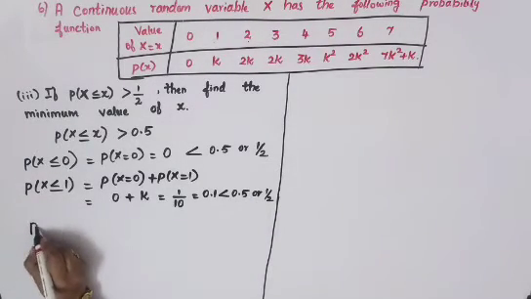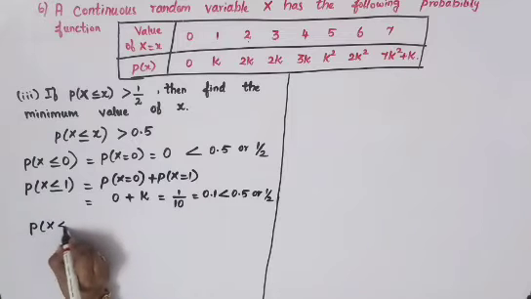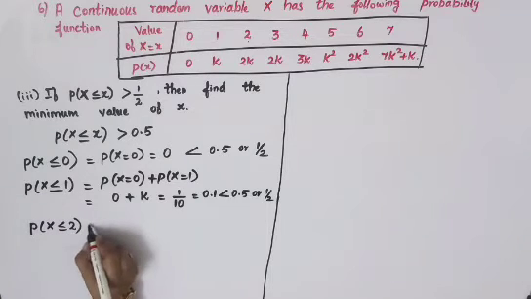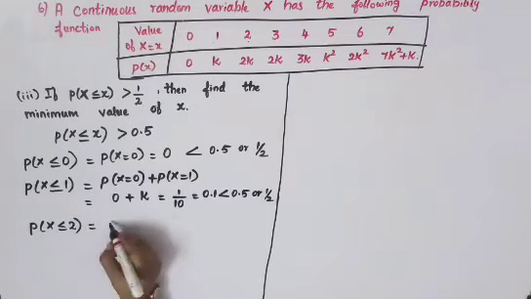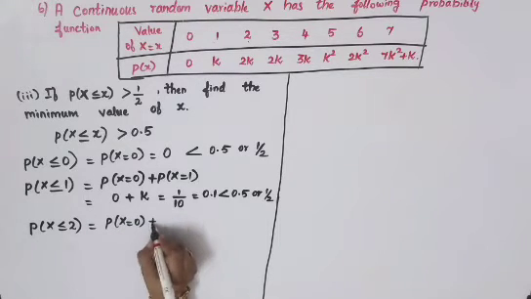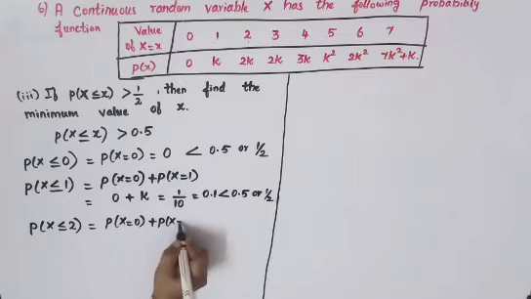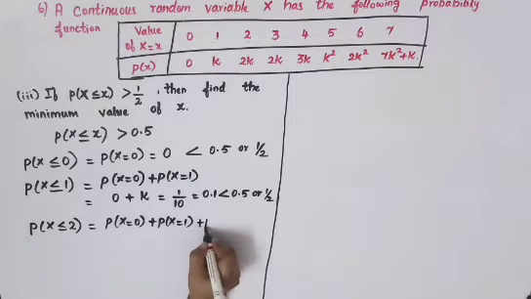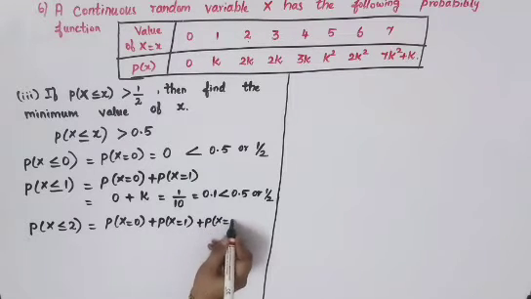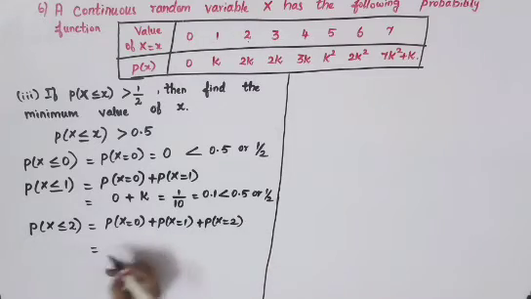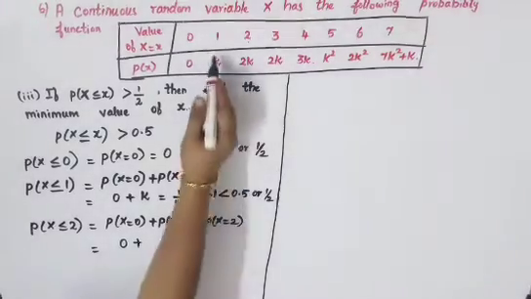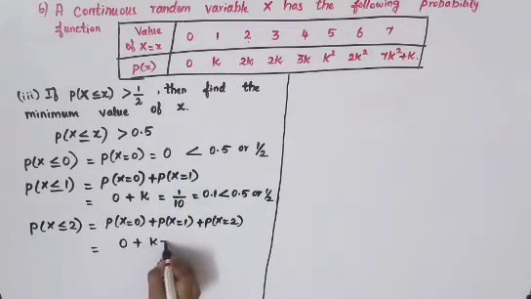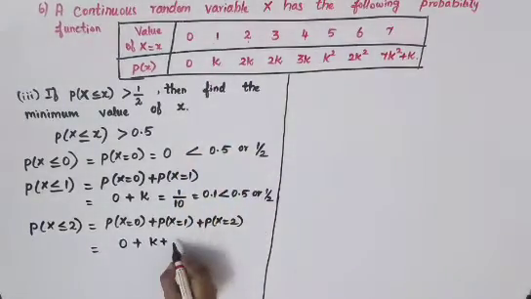The next value is P of X less than or equal to 2, which is equal to, up to 2 you can go. Okay, so P of X equal to 0 plus P of X equal to 1 plus P of X equal to 2. Now go for your values. X equal to 0 is 0, plus 1 is k, plus 2 is 2k.